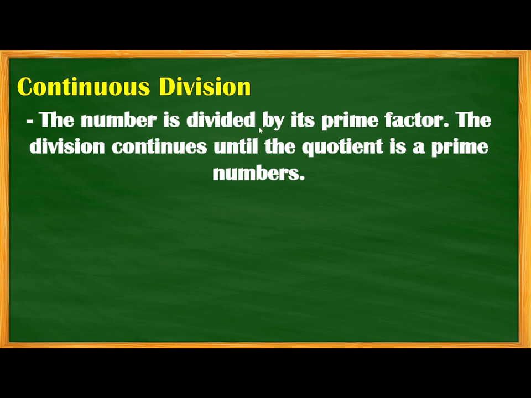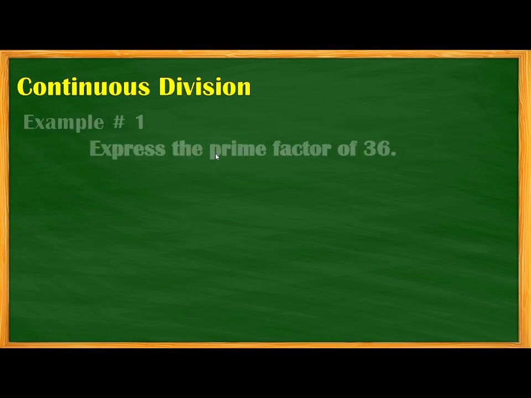The number is divided by its prime factor. The division continues until the quotient is a prime number. So this would be the process in continuous division. Let's have an example to further analyze how to use continuous division.